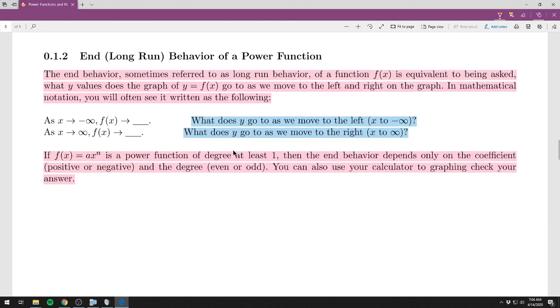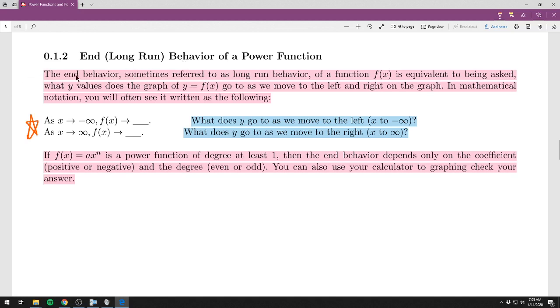The thing that's going to be pretty new for most of you is the end behavior, also sometimes called the long run behavior, of a power function. The notation might seem a little weird. I have all this highlighted because I think it's all very important. You should also write this down because this is what you're going to see in the problems.